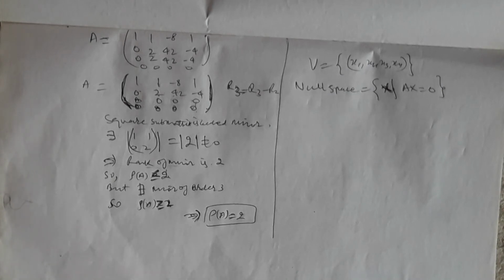If you know the definition of the null space, you easily know that the null space is always a subspace. Here we have to find the dimension of the null space, that is the nullity.